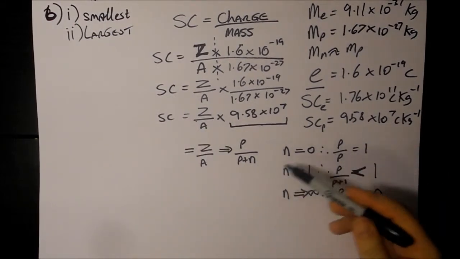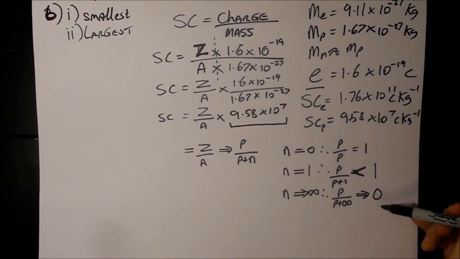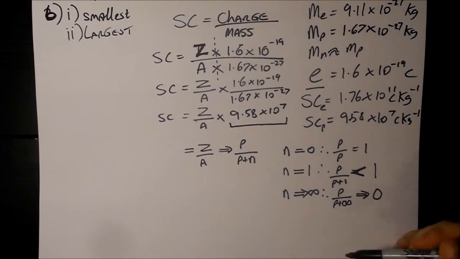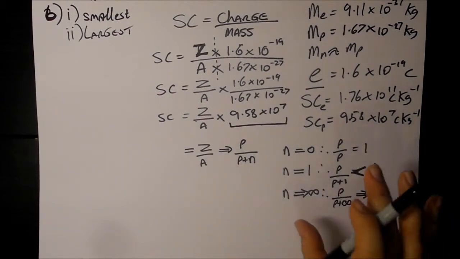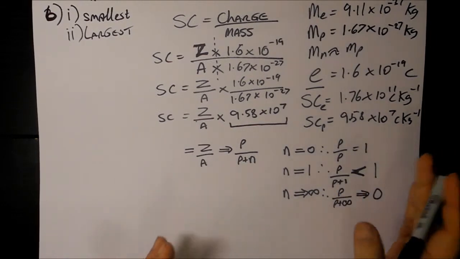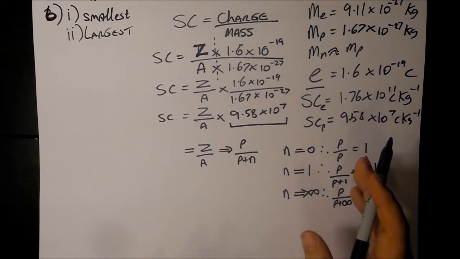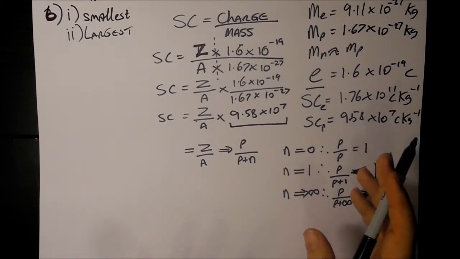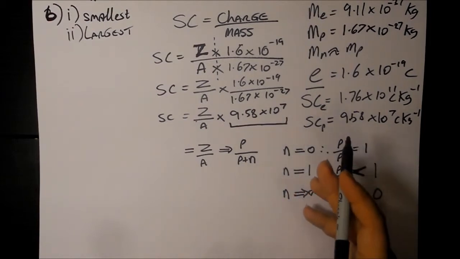It would get a 1 out if N was 0. If N was very, very big, we're going to get a number very close to 0. And anywhere in between, we're going to have a number less than 1. So the ratio of protons to neutrons is what's going to control this answer. Which means that we also, coming back to answering the question, you can look for a situation where the number of protons is high compared to the number of neutrons.